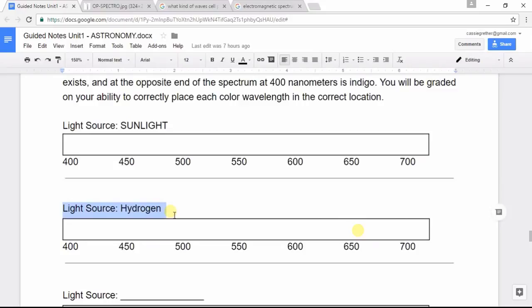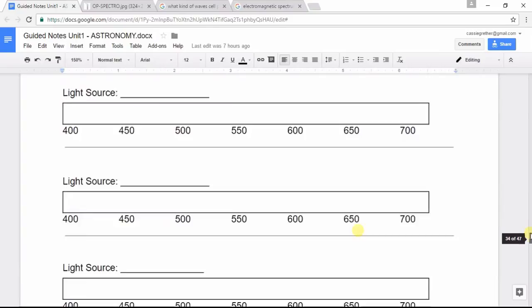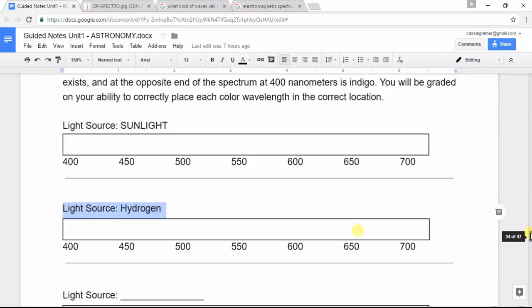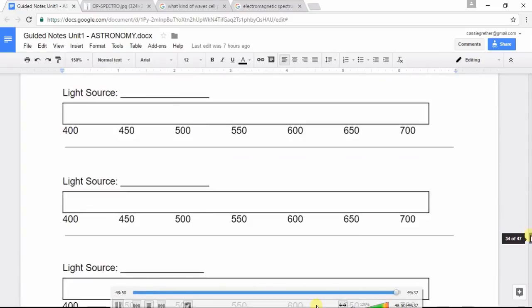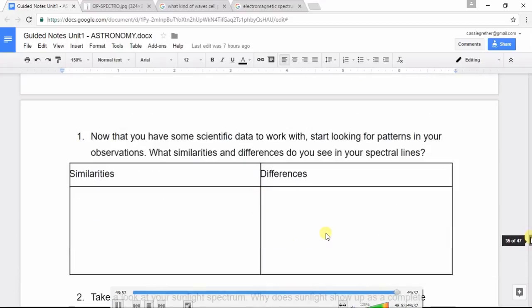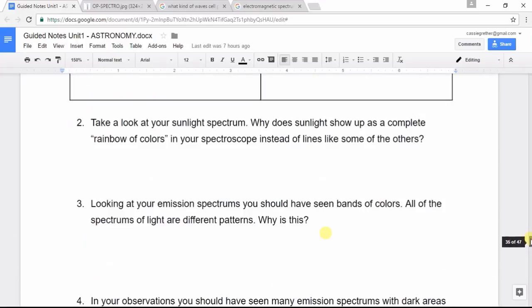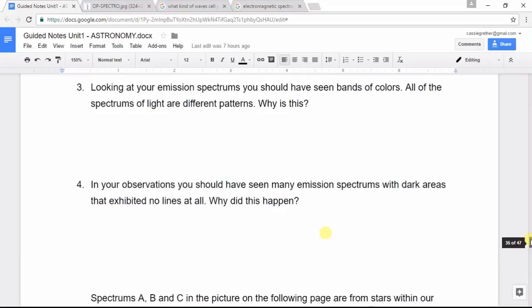There is stuff in this lab that we have not discussed in class yet, and is going to be very confusing for you if you move on before we get there. So if you get to question 4, answer question 4, and then do not move on beyond that. Alright, so again, get hydrogen, get sunlight, and 4 other samples. Alright, read the directions again, and good luck.